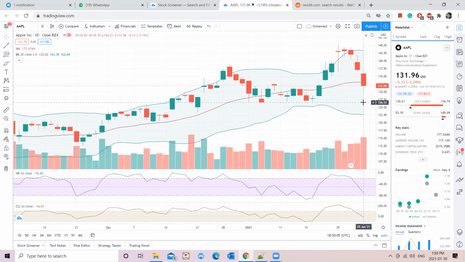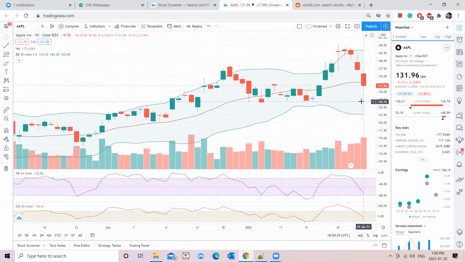Also keep one thing in mind, you have seen 5 red continuous candles, which is very rare. The last 5 are continuous red candles, and that it has formed after reaching the 52-week high.